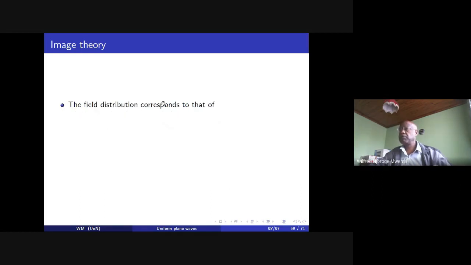Now the field distribution will correspond to that of a standing wave in the region between the current sheet and the ground plane, because we have both a forward moving wave and a backward moving wave. When we add the two, we'll have regions where the two waves reinforce and planes where they interfere with each other destructively.